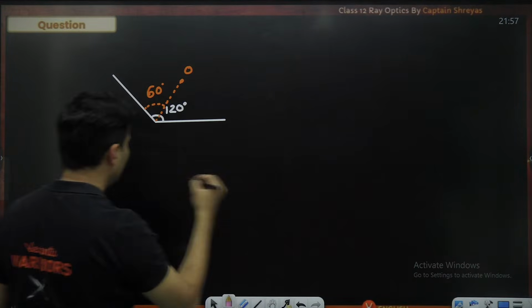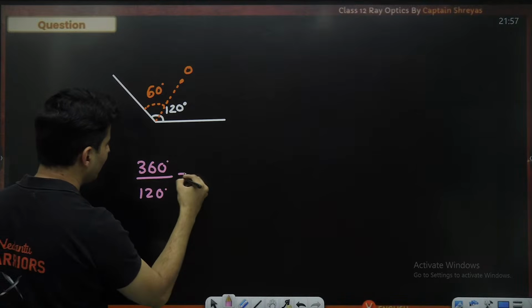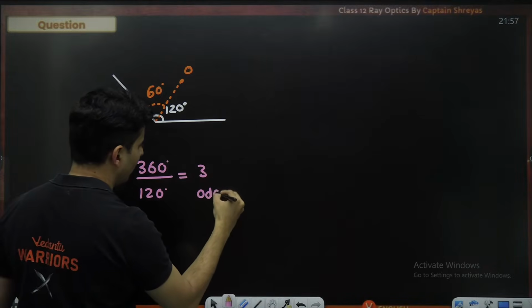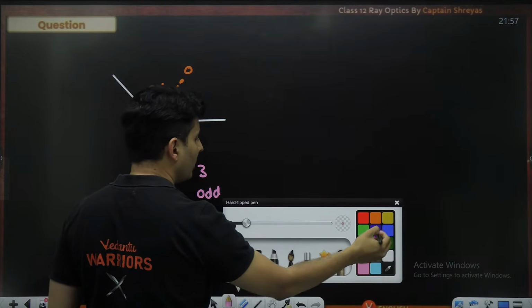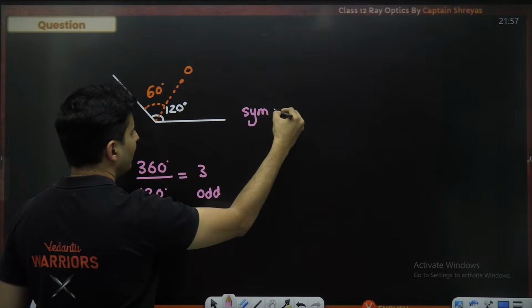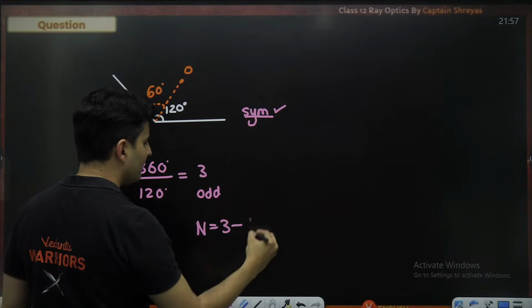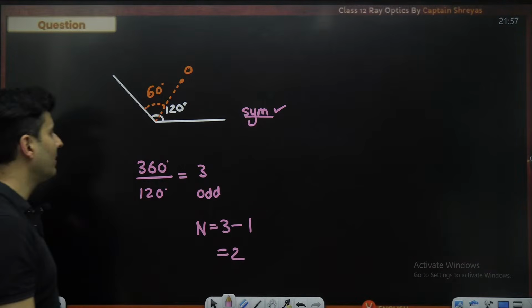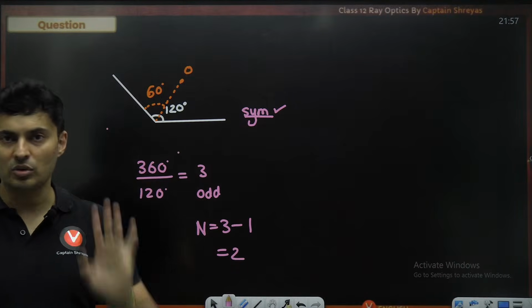First things first, do 360 divided by angle, which is 120, which is 3. Now 3 is an odd number, so you need to be careful. Why? Because whether it is symmetric or not. As you can see, 60 degrees is symmetry. The moment symmetry is there, the number of images will be this minus 1. So 2 images will be there. So one image might be here, one image will be here behind the mirrors. That's it. The answer is 2.